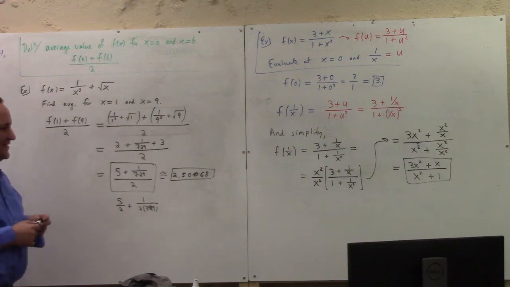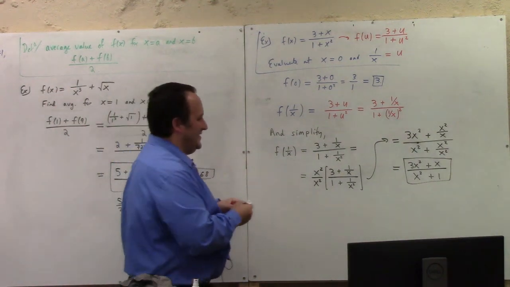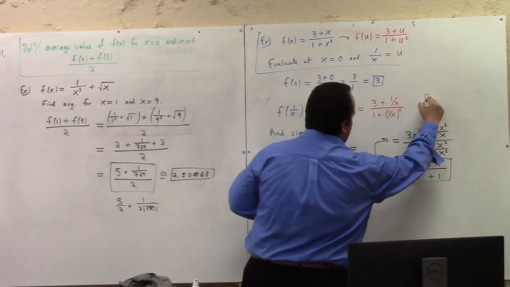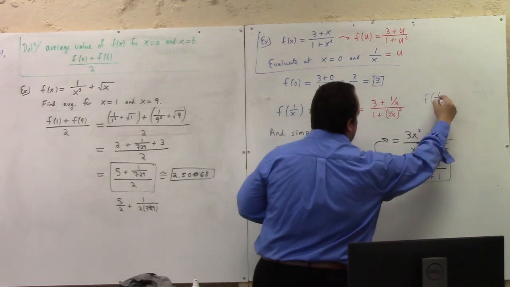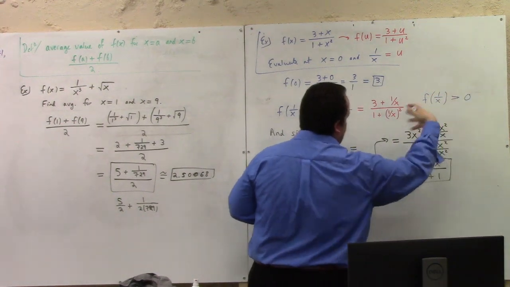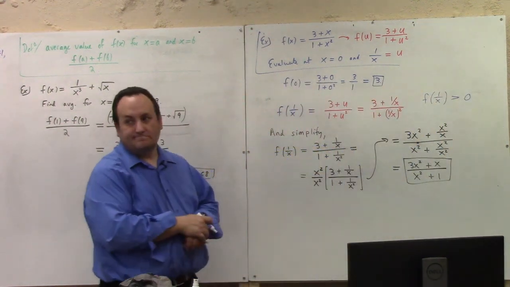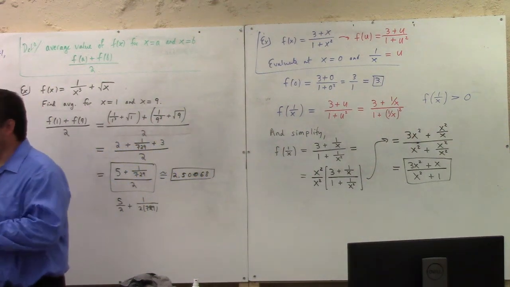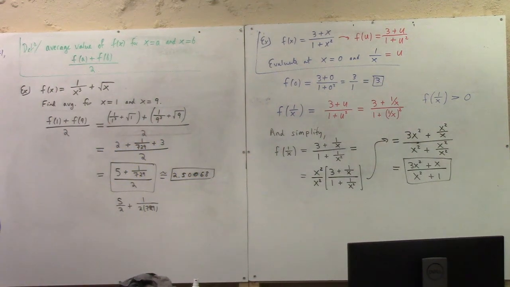I get that. But suppose I asked the question, f of 1 over x greater than 0, and I solve that inequality. See, if I did that, then there's a place that would give you a reason to simplify.